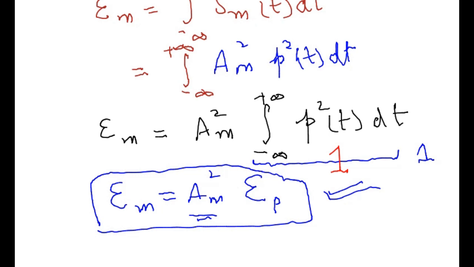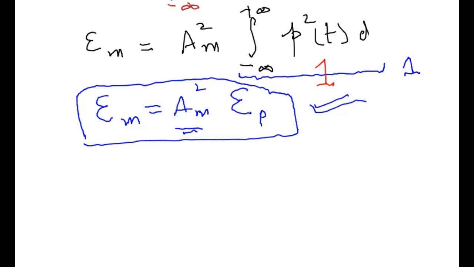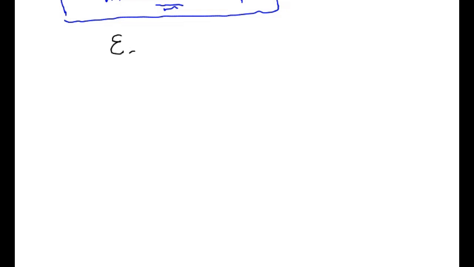If we are interested in the average energy now, very important, if we are interested in the average energy of our signaling scheme, how do we compute it? Just to be consistent with your previous knowledge, you should know that the average energy is the sum of the energy of all the symbols divided by the total number of symbols, right?